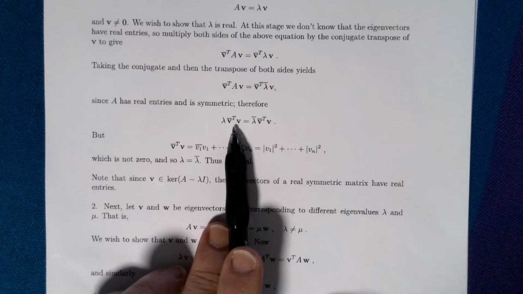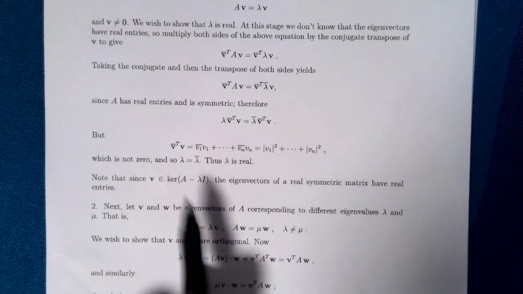It's just a number now, and I get lambda equals lambda bar, so lambda is real.